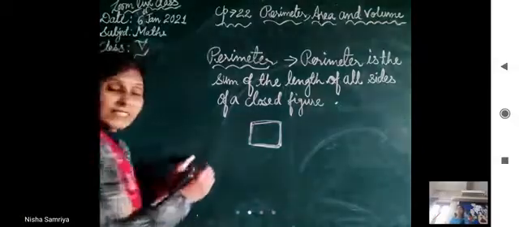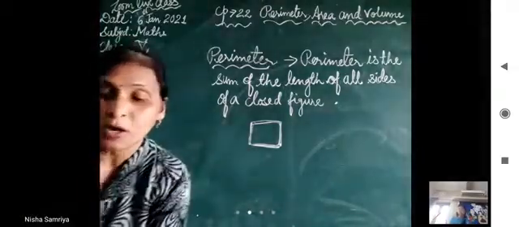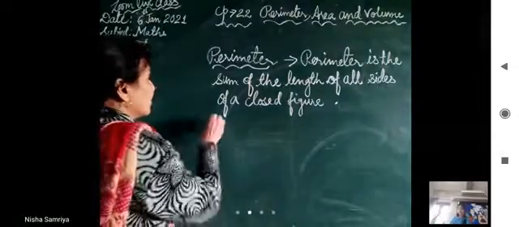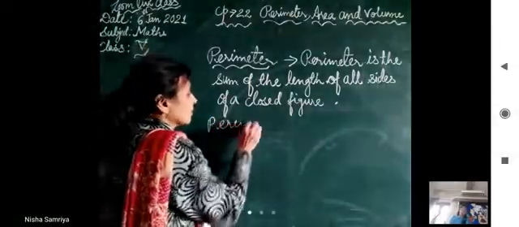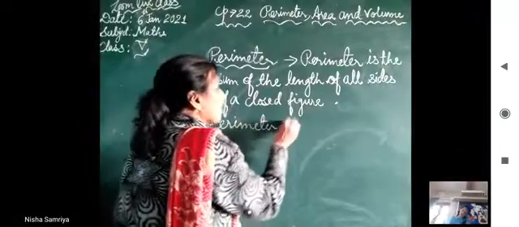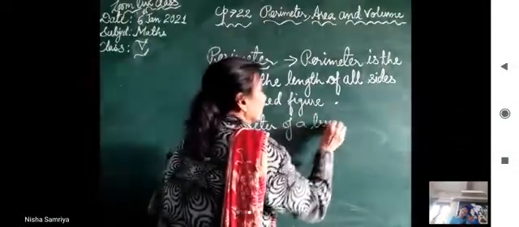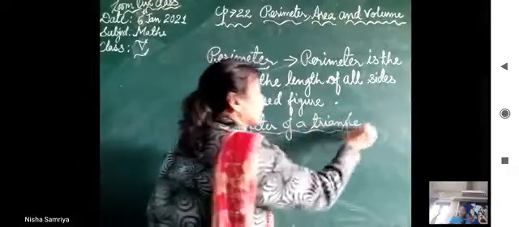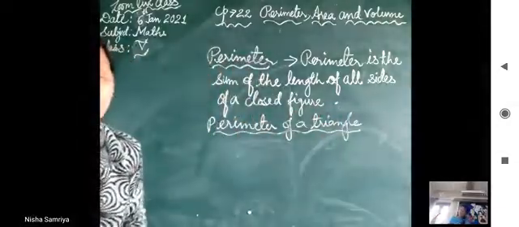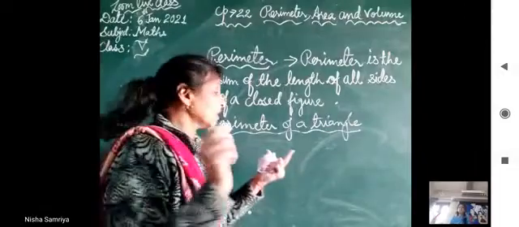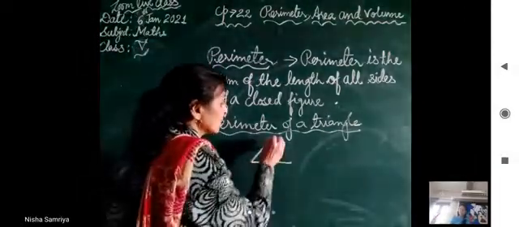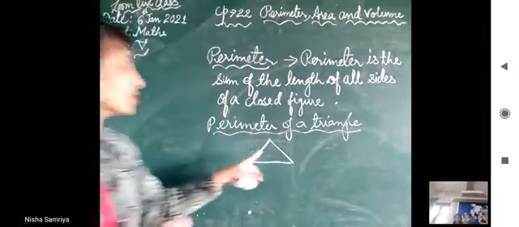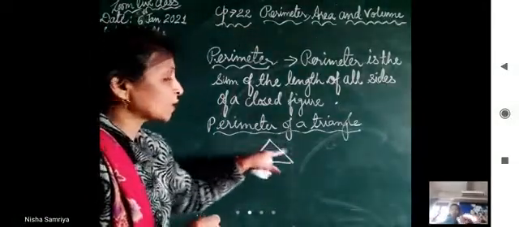Now next is the perimeter of a triangle. A triangle is a three-sided closed figure.